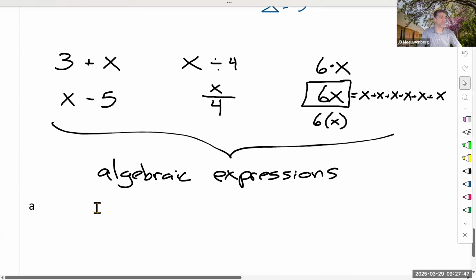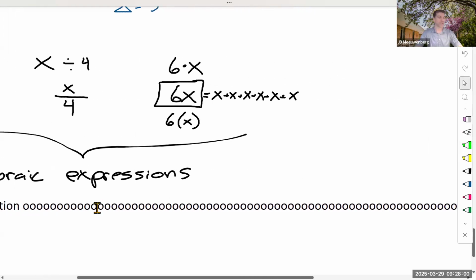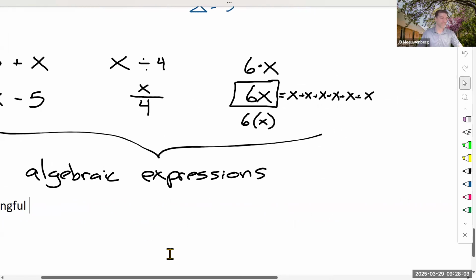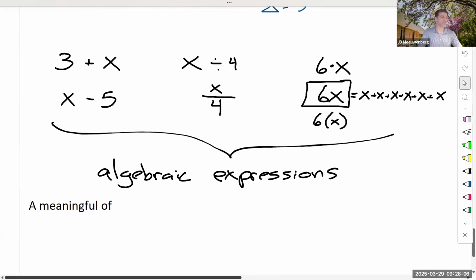It's really a meaningful combination of numbers, variables, and or operations. So it's some combination of numbers and variables and operations: add, subtract, multiply, divide, exponents. Those are our algebraic operations.